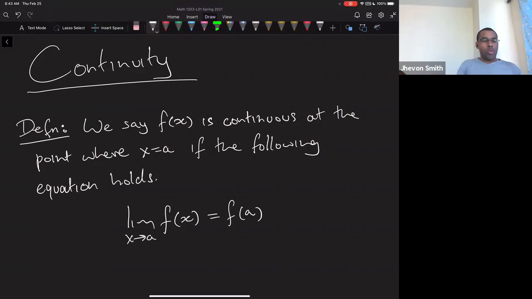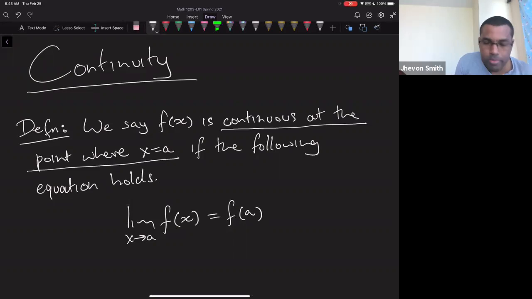This is what we call continuous at a point. I want to emphasize that I'm talking about continuity at a point. So if I'm at a coordinate where my x value is a, and this equation holds, this means I am continuous at x equals a.